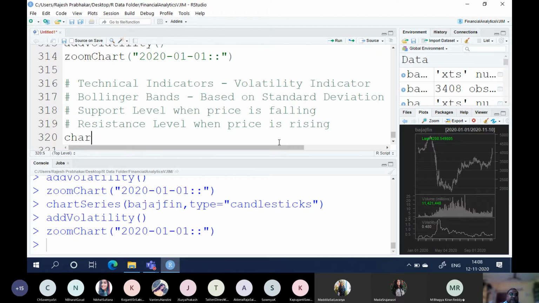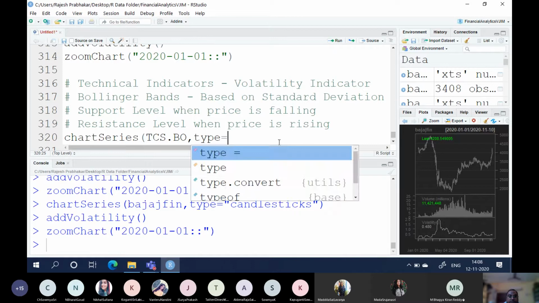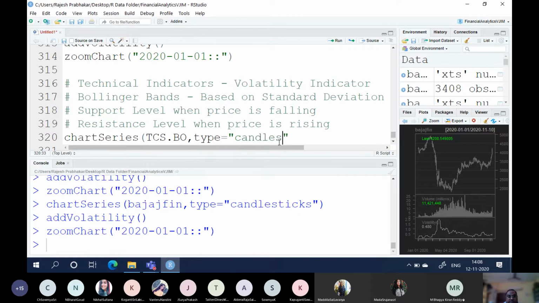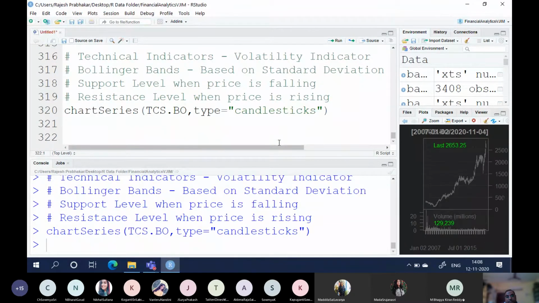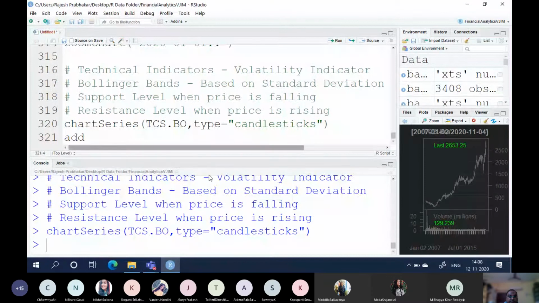Okay. Take for example chart series TCS.BO, comma, type is equal to candlesticks. Okay. So we will add Bollinger Bands, add B bands.